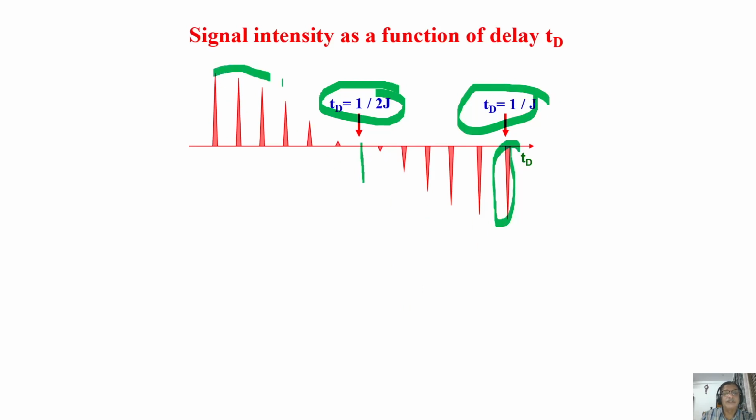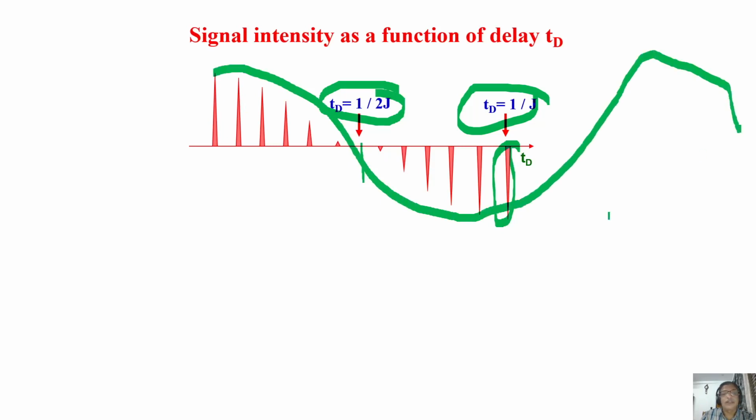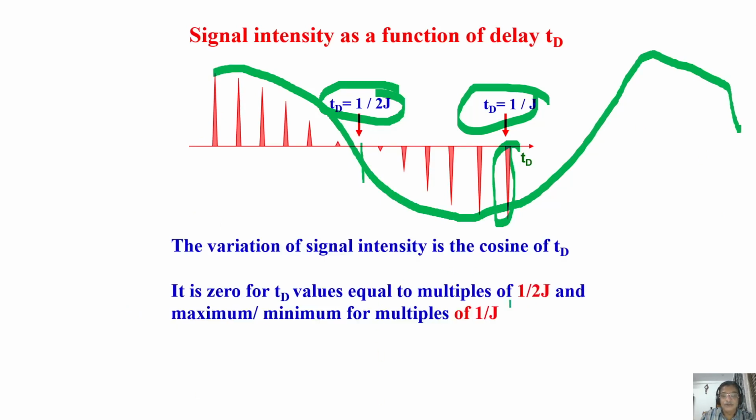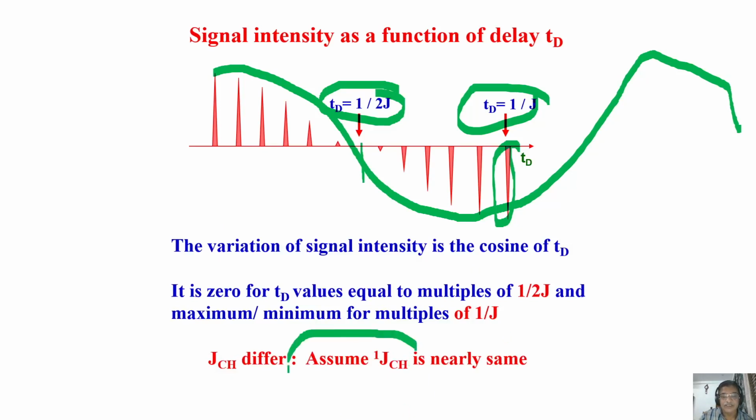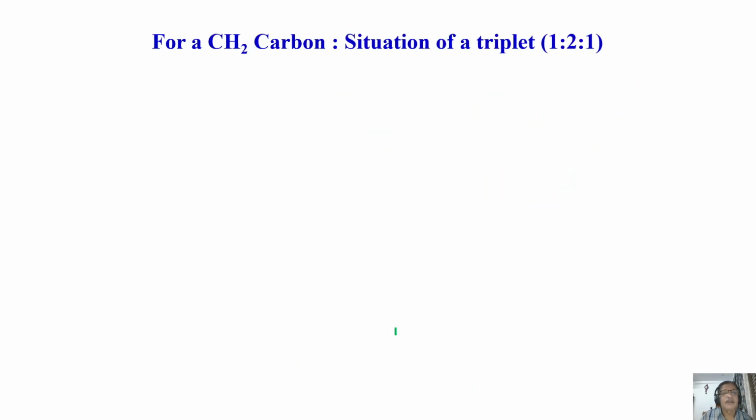The evolution of this magnetization as a function of Td follows a cosine curve like this. You understand? Now we understood what is going to happen. We also assumed JCH is nearly the same; it is not different. Or we can take the average value of them.